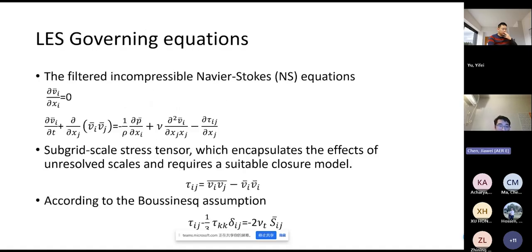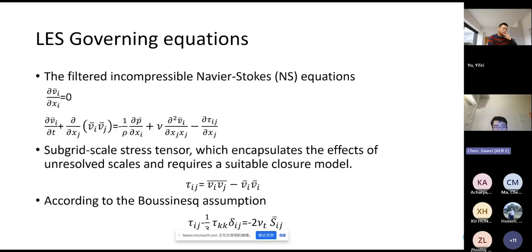This slide shows the LES governing equations. The mathematical foundation of LES lies in the filtered incompressible Navier-Stokes equations shown here. The key term is the subgrid scale stress tensor tau ij, which encapsulates the effects of unresolved scales and requires a suitable closure model.